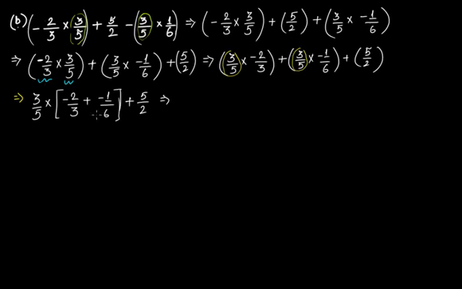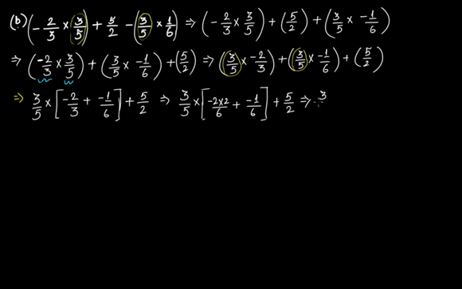So if you solve this one, you have to take what? You have to take LCM of 3 and 6, and the LCM of 3 and 6 is 6. So if you want the denominator as 6, because we have to add, divide 6 by 3, we get 2 as a quotient, so this becomes minus 2 times 2 plus, this is already 6 here, so write minus 1 here, and this plus 5 over 2.